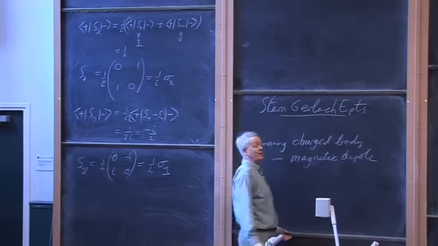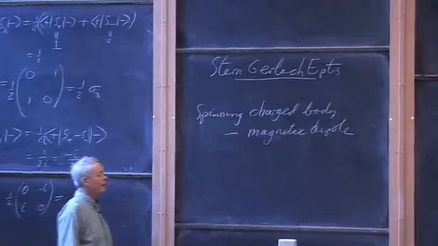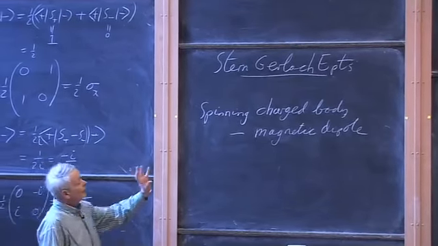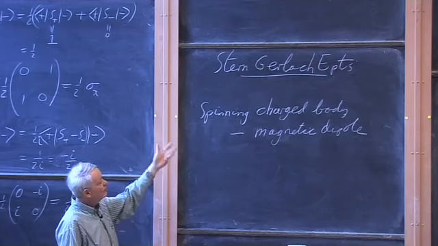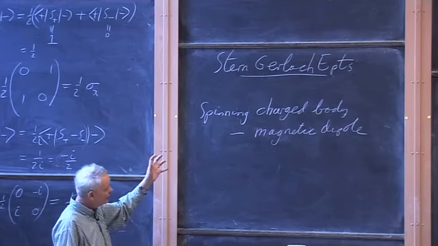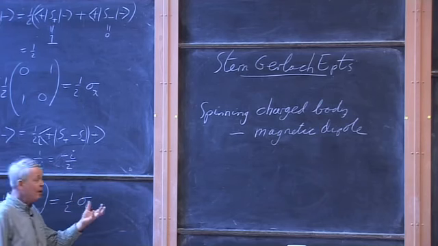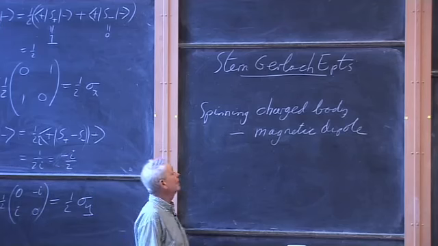I think that's kind of plausible, so that electrons, neutrons, protons, being spinning charged bodies, have little magnetic moments. They are little magnets.